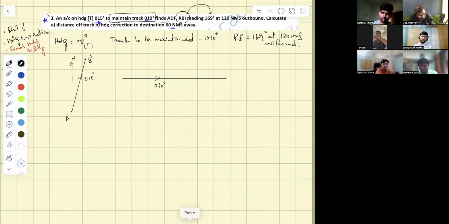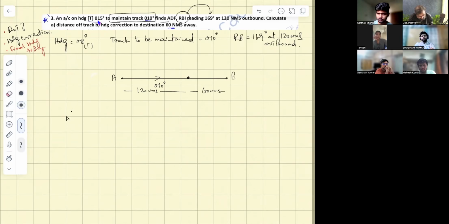Now, see, the aircraft was somewhere here, which is like 120 nautical miles away. And this is your departure, A, and destination is 60 nautical miles away from this position. So this is B. Now, let's say the aircraft has deviated to the right side of the track like this.